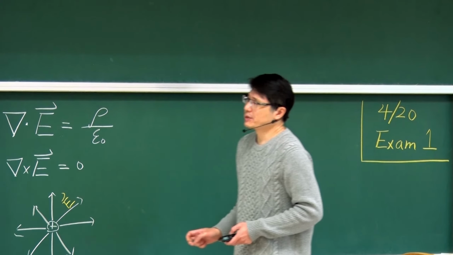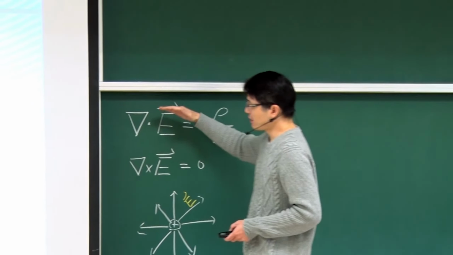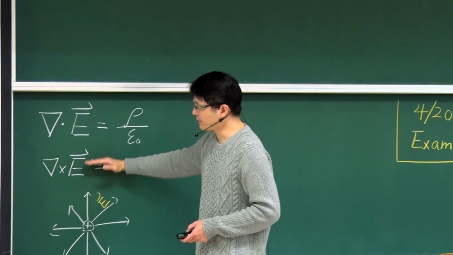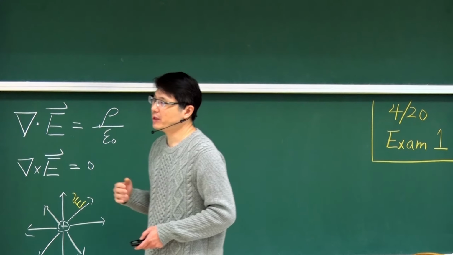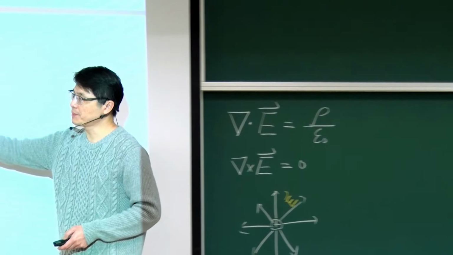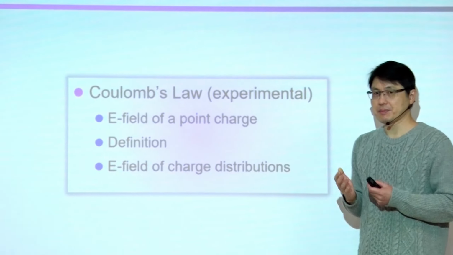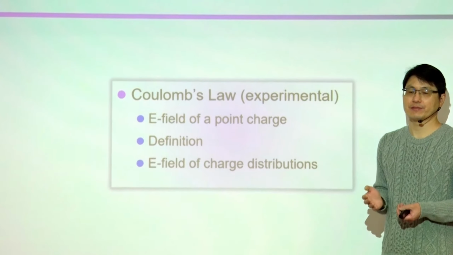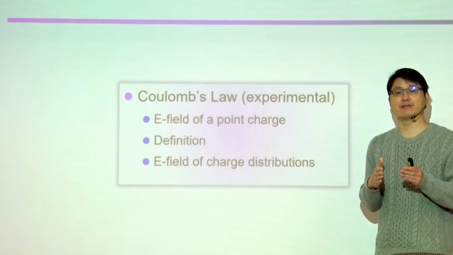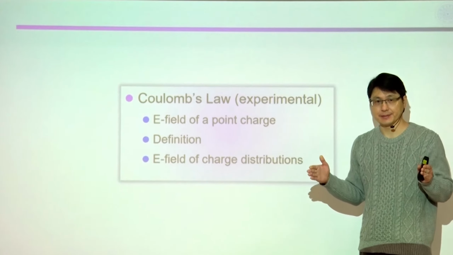Okay, so let's continue. Based on our understanding of these two fundamental postulates, we are going to introduce Coulomb's law. Coulomb's law is derived from a series of experimental data.